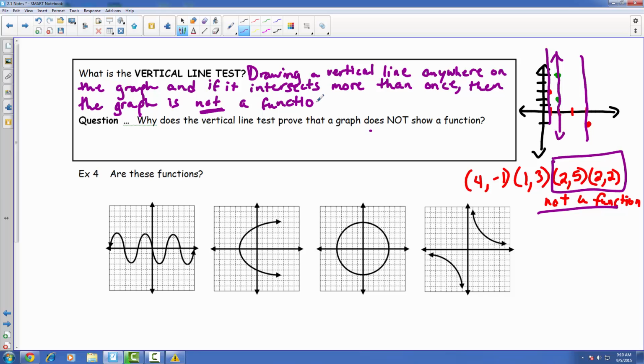If it only touches once for every single vertical line test, then it in fact is a function.